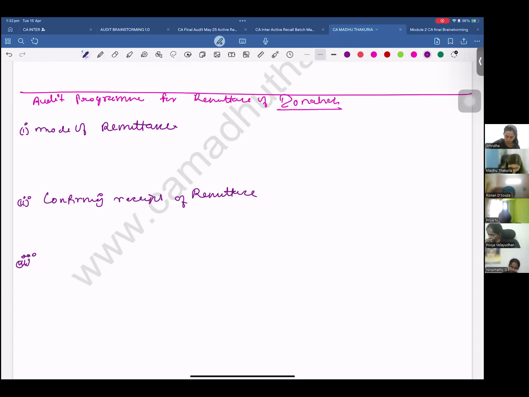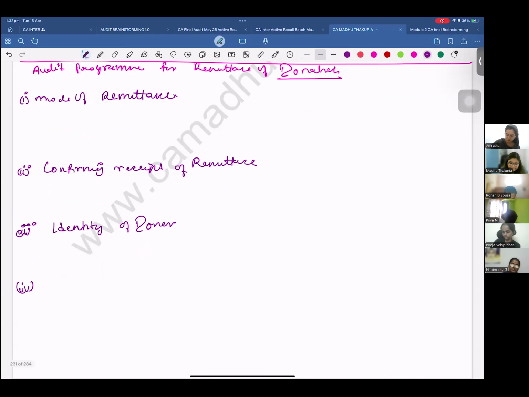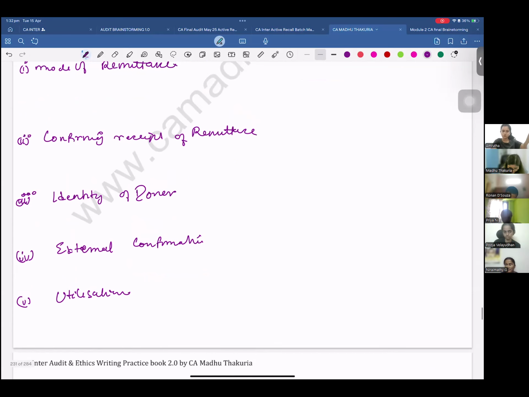Then identity of donor. Fourth, external confirmation. Fifth, utilization. Sixth, NGOs selection.